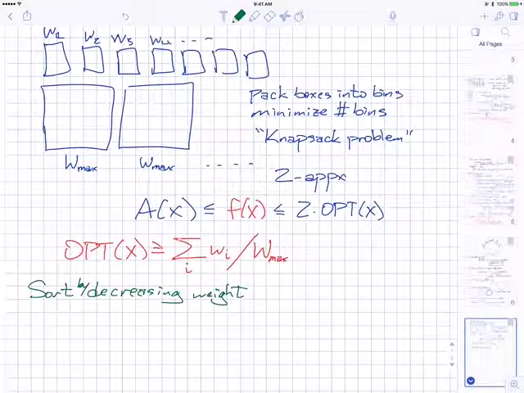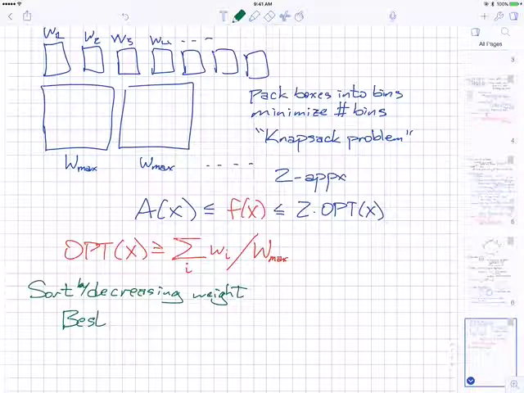Great. So let's imagine that they're sorted, and now what do you do? What does that mean? Choose the largest one that you can put in there and then the next largest one. Okay, so there are a couple of possibilities. Best fit.